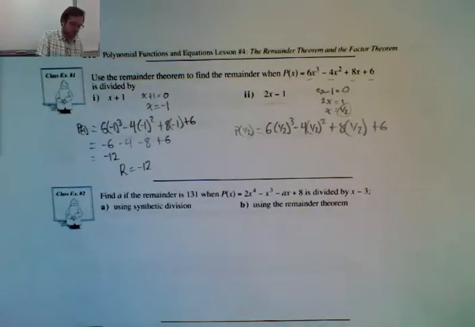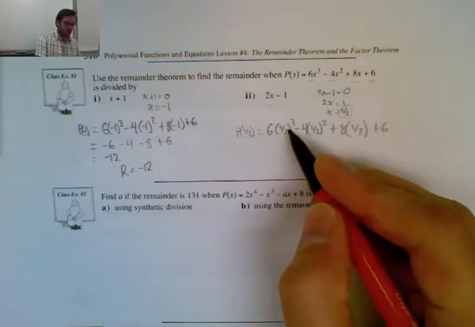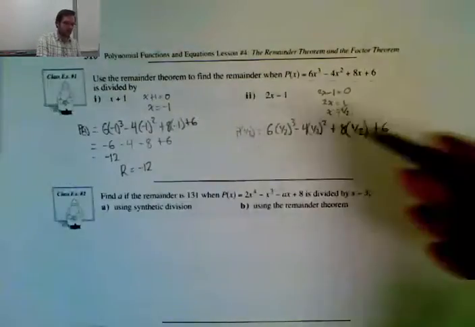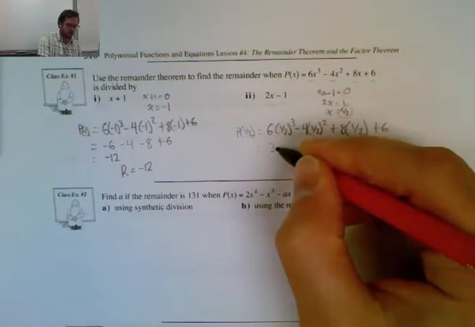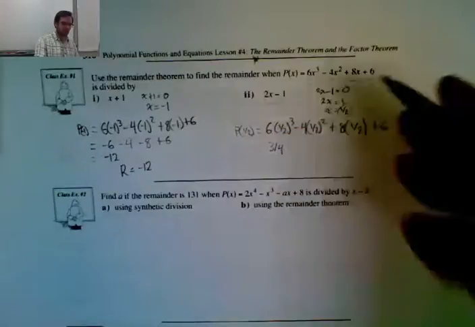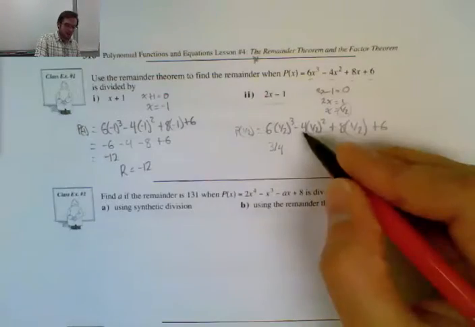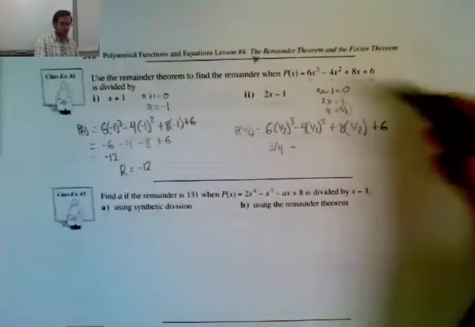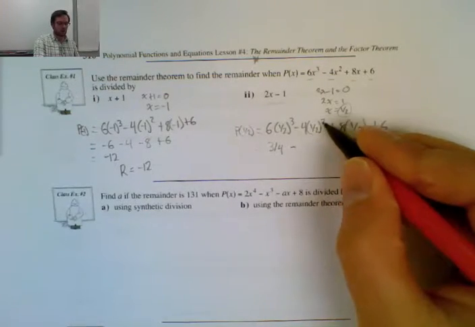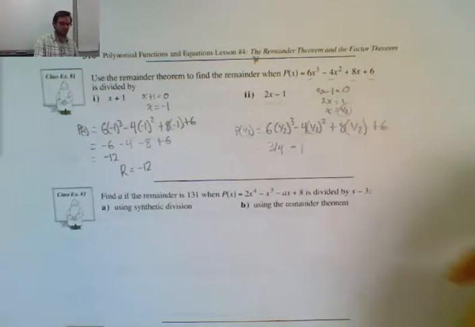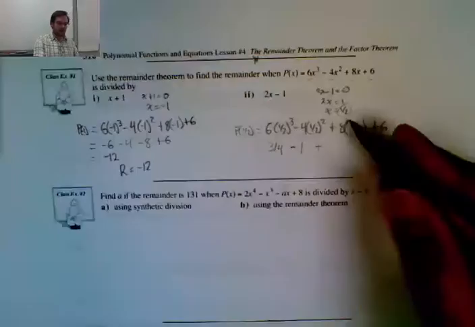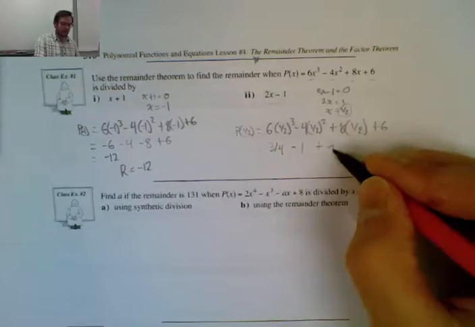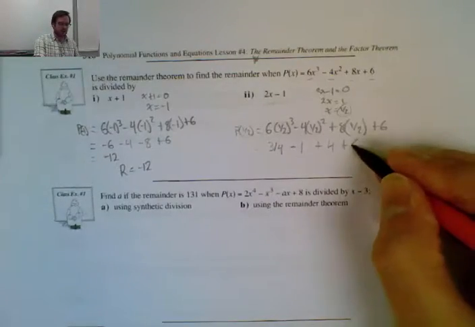Continue this off. We have 1 over 2 cubed is 1 over 8, times 6 is 3/4. Then we're going to have negative 4 times 1 over 2 squared, which is 1 over 4, so that's just going to be negative 1. And then we're going to add 8 times 1/2 is 4, and plus 6.